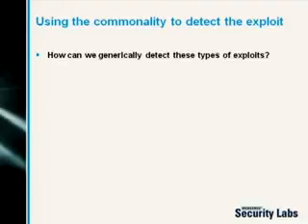As we were debugging all the exploits, the commonality between all of them was pretty simple. It was constantly calling a virtual pointer and redirecting to the heap. It's a pretty simple concept, but we were like, well, let's play around with this and take it one step further and make a tool where we can take something generic and detect these types of exploits.